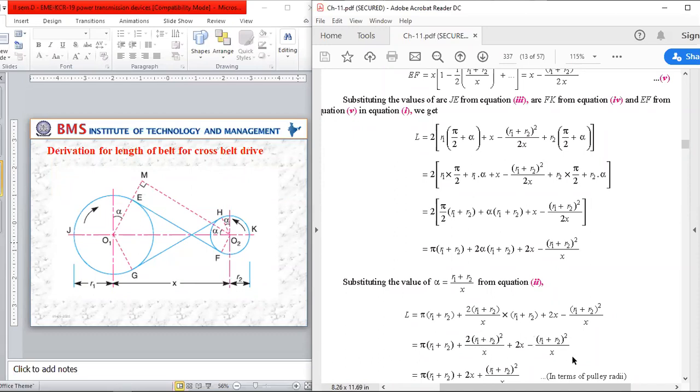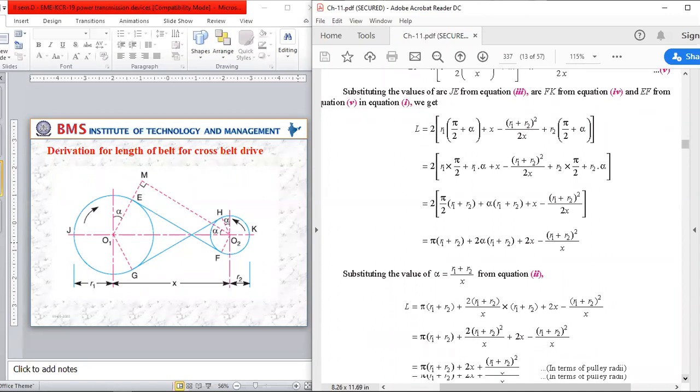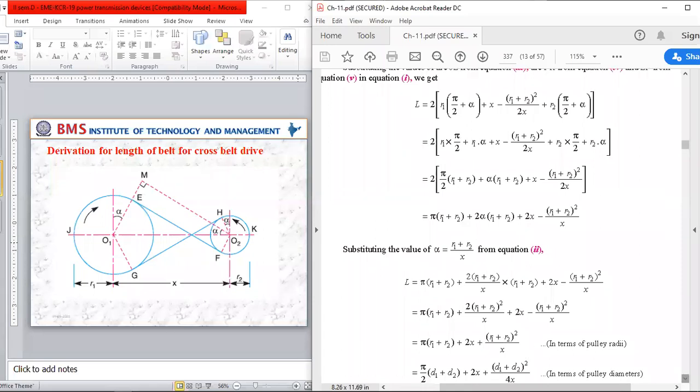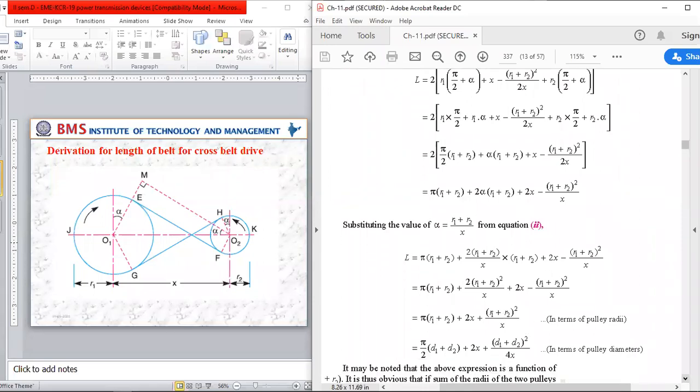So 2 minus 1 gives 1 into R1 plus R2 whole square by X. So pi into R1 plus R2 plus 2X plus R1 plus R2 whole square by X. This is the length of the full belt in the case of cross belt drive.